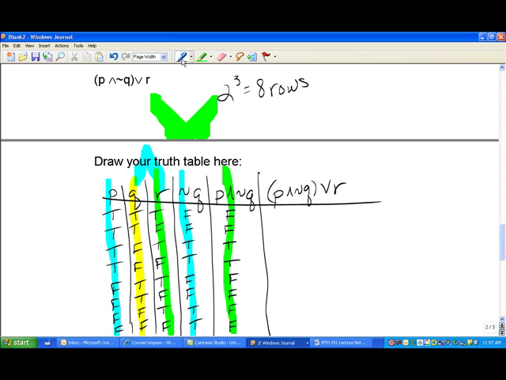So true or false would be true. False or false would be false. True or true. False or true. True or false. False or false would be false. True or true is true, and then false or false is false. Okay, so that's the way we go about constructing our truth tables.